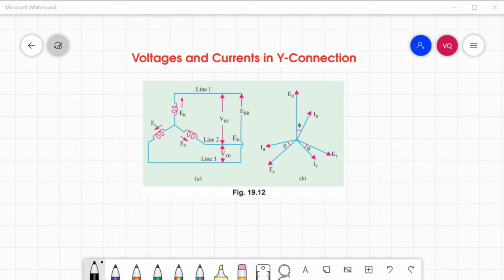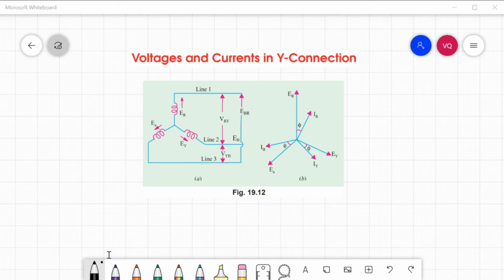As seen in figure 19.12a, in this form of interconnection, there are two phase windings between each pair of terminals, but since their similar ends have been joined together, they are in opposition.